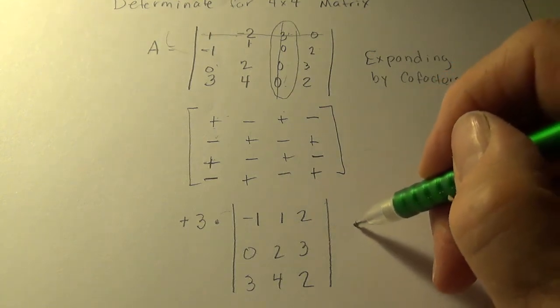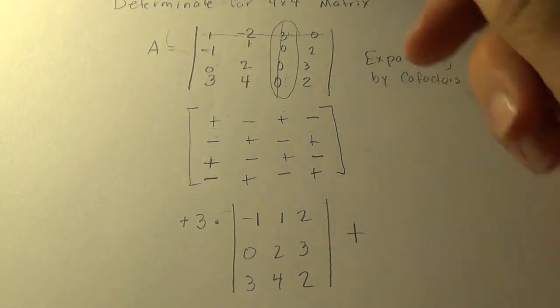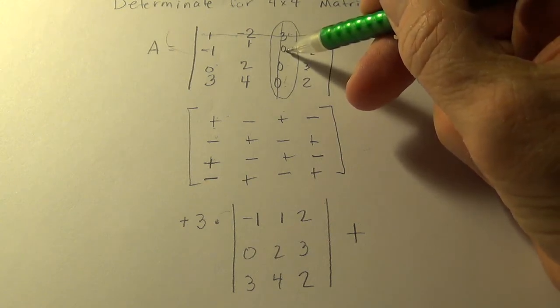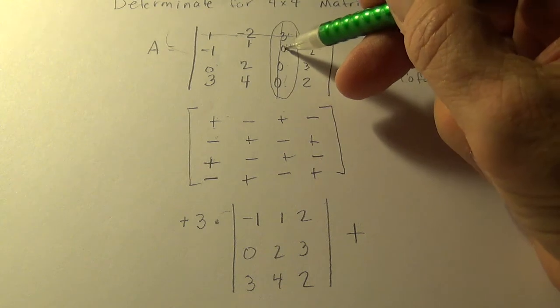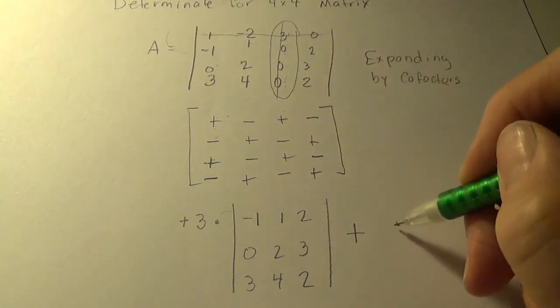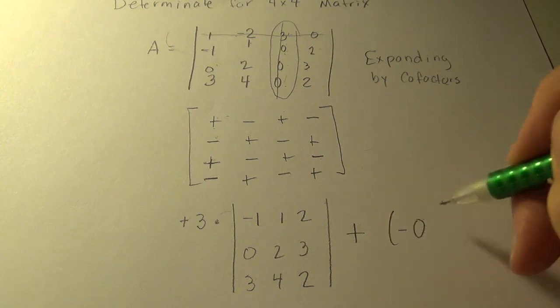Then I'm going to add to that, I'm going to go down to the next member of the column I have chosen. It's a 0. It is standing in the negative spot, so I'm going to connect the negative with it.